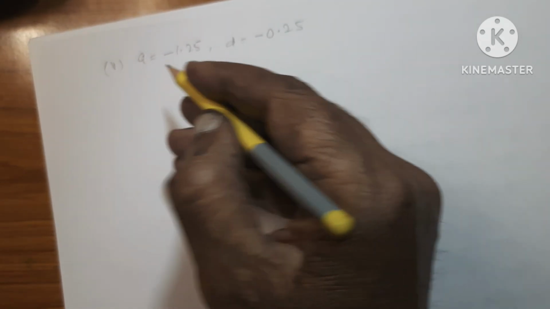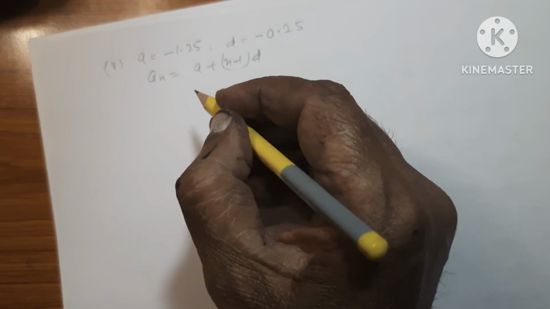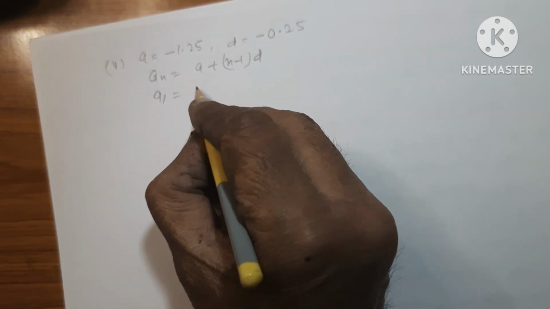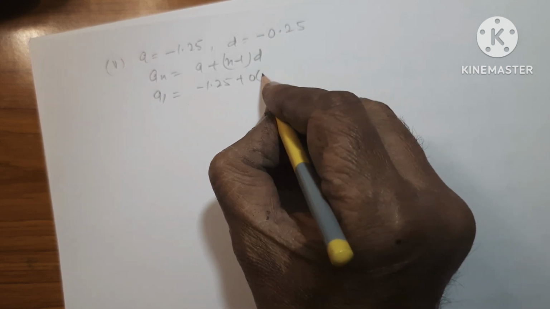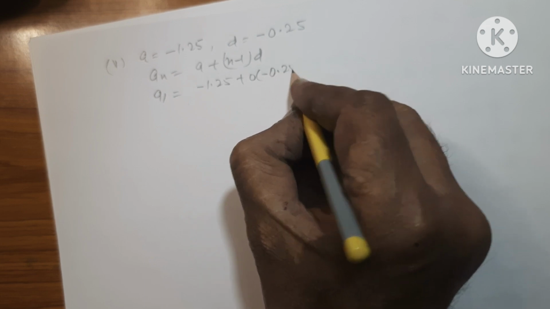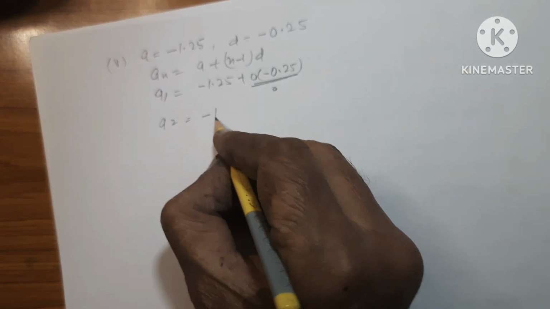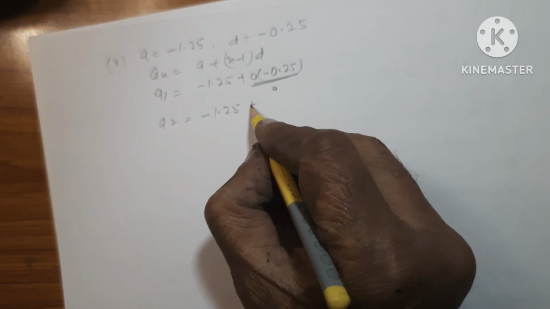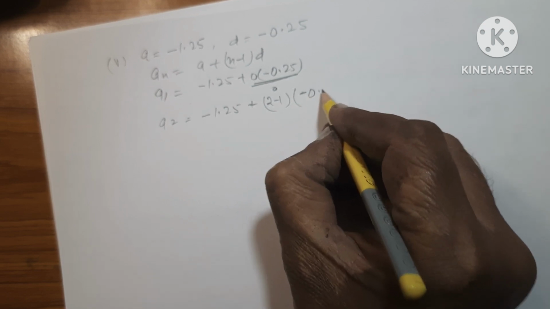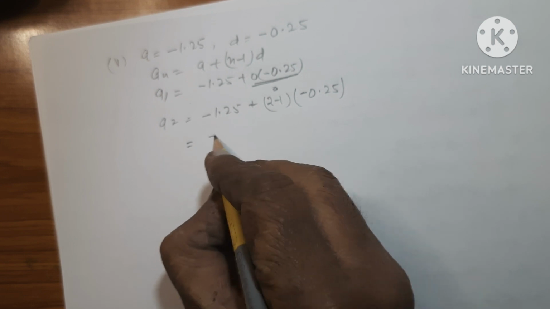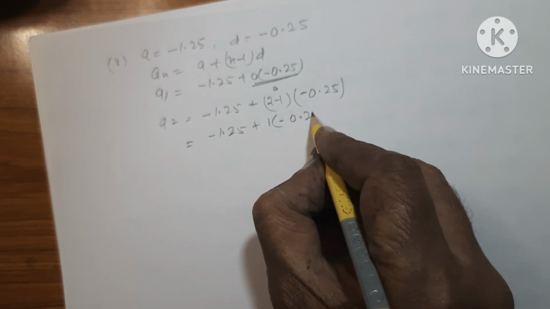We want to write the terms, so we'll use the formula a n equals A plus n minus 1 into D. So a1 will be minus 1.25 plus 0 into minus 0.25, so this will become 0. a2, the second term, will be minus 1.25 plus 2 minus 1 into minus 0.25, minus 1.25 plus 1 into minus 0.25.